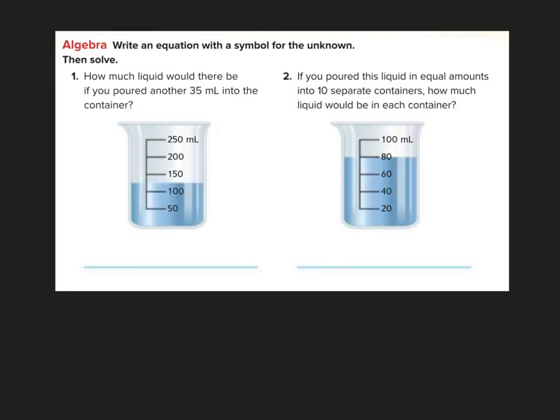Okay, here we have to write some more equations, a symbol for the unknown. How much liquid would there be if you poured another 35 milliliters into the container? So again, we have 125. We're going to pour 35 milliliters into there.